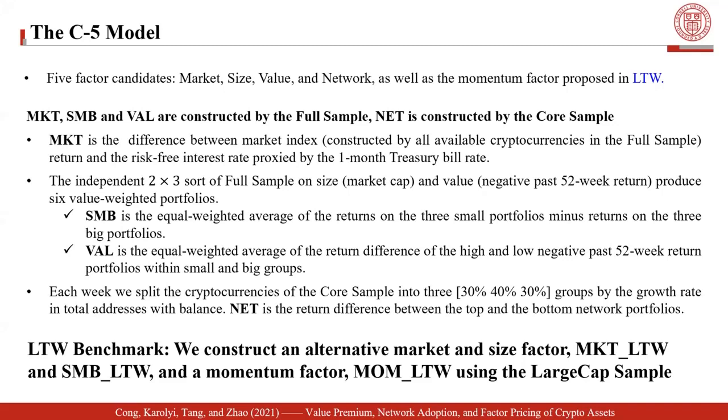That's the value metric used in, for example, studies of commodities. And we use several other value metrics. They were not significant, such as the ratio of addresses to cryptocurrency price. The network metric is the changes in non-zero balance addresses. And finally, for momentum, we construct that following the Liu, Tsyvinski and Wu paper, and that will be our 5th factor.